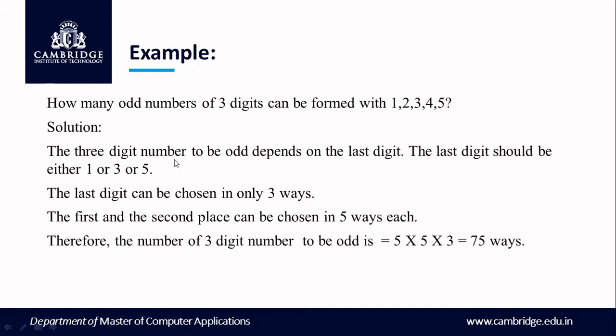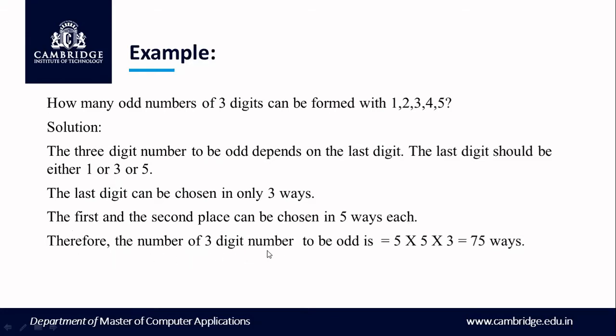For the 3-digit number to be odd depends on the last digit. The last digit should be either 1, 3 or 5. So the last digit can be chosen in only 3 ways. 3 ways, the meaning is the choice can be either 1 or 3 or 5. The first and the second place can be chosen in 5 ways each.